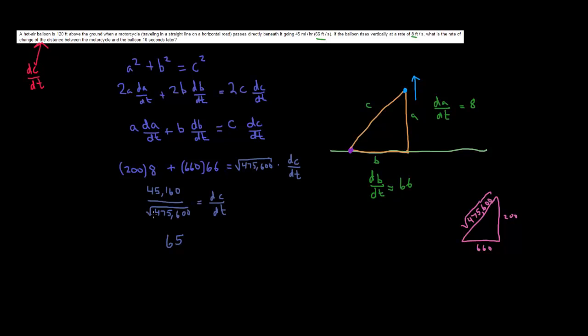So if you do this arithmetic, we get 65 point, let's see, if we round to 2 decimal places, 48. Nope, I left off my units. So 65.48, that is feet per second.